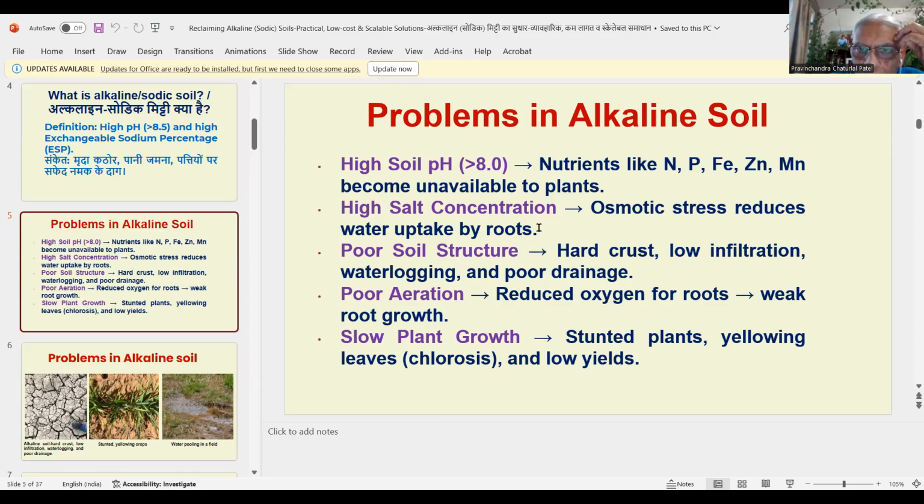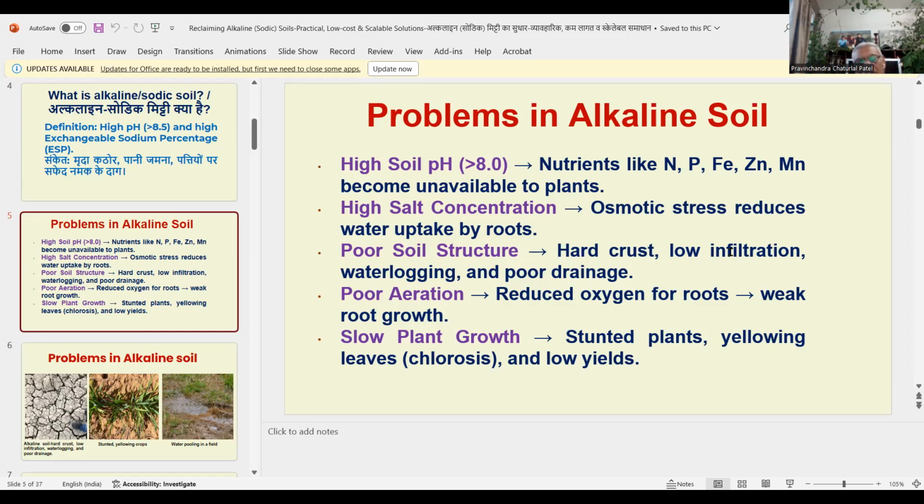There is also poor soil structure: hard crust, low infiltration rate, and waterlogging. With low infiltration, when there is low rainfall or we apply irrigation, the water becomes stagnant. That is a waterlogged condition.